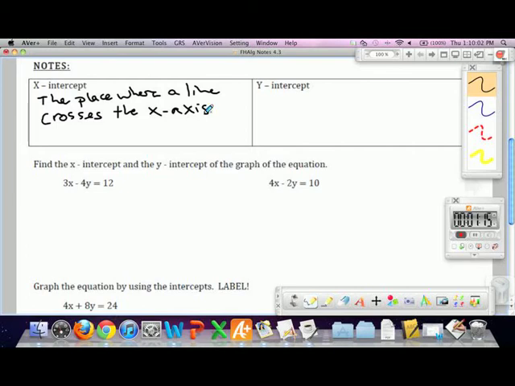Same line of thought. What do you think the y-intercept is going to be? This is where the line crosses the y-axis.